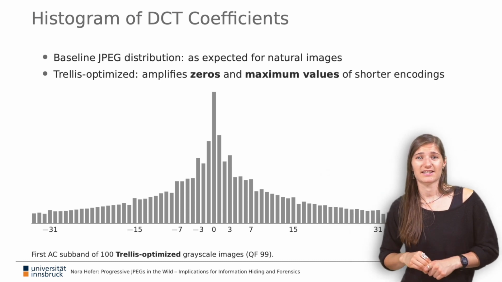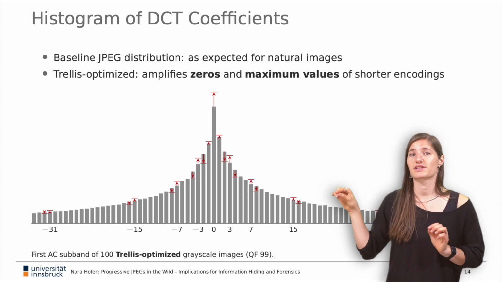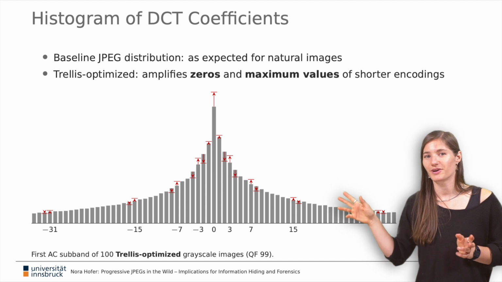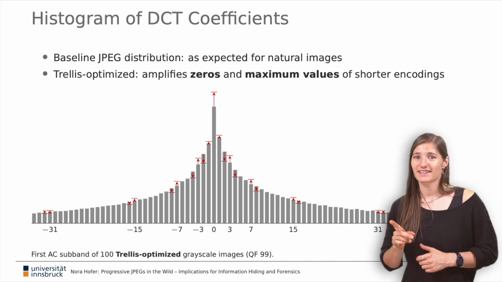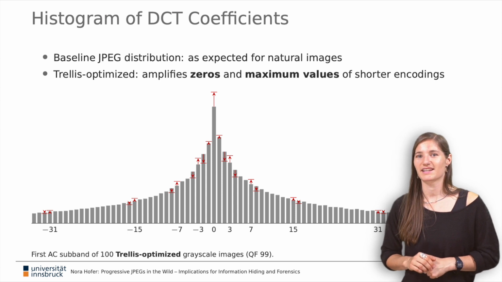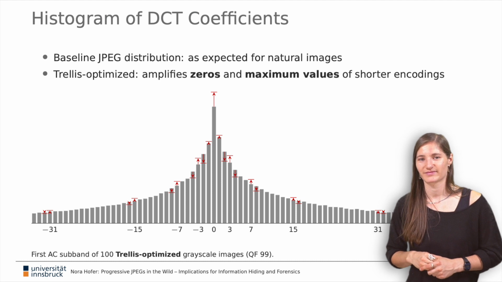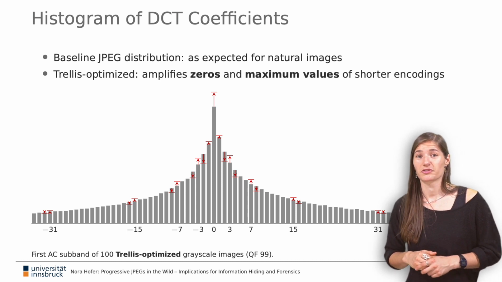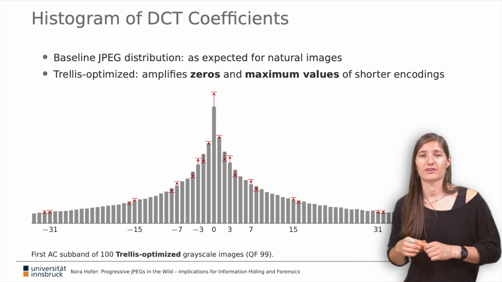The trellis quantization shifts the distortion towards 0 and amplifies the coefficients of absolute value 1, 3, 7, 15, 31, and so on. Recall that these are the candidate coefficients which take the maximum value of the next shorter variable length encoding. As these coefficients occur more frequently, outer neighboring coefficients occur less often.